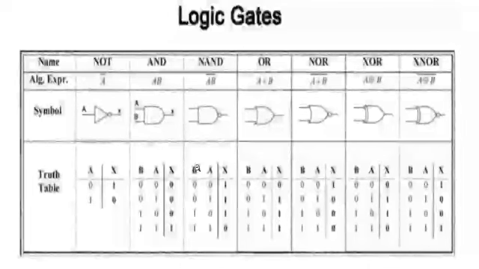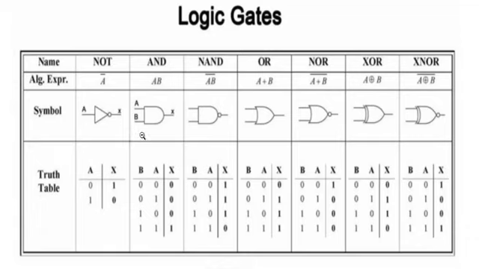Now let us revise what we have learnt in today's lecture. There are different types of gates, with the name of the gate, algebraic expression, symbol and truth table. The first gate is the NOT gate. This is the symbol of the NOT gate. It has only one input and one output, but the output is inverted, so the name inverter is also given to this gate.